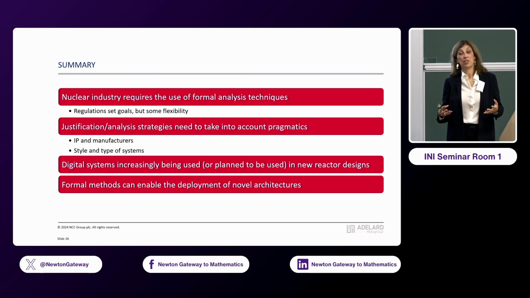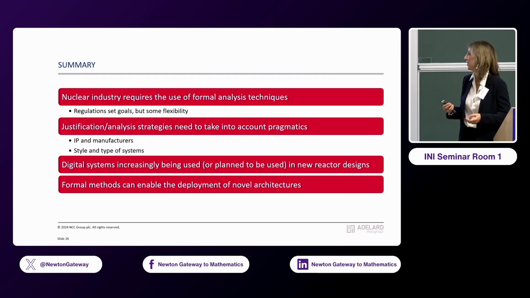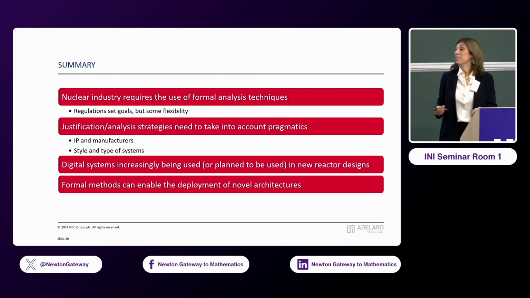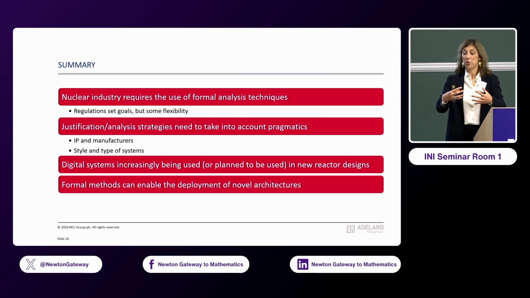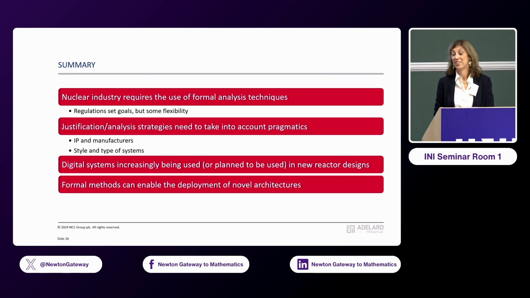Part of the strategy is to have more digital systems, so we need a way of justifying digital systems effectively and efficiently. I believe formal methods can be a way of doing that. So how do we push that into the mainstream or state of the art? I think that was my presentation. Thank you.